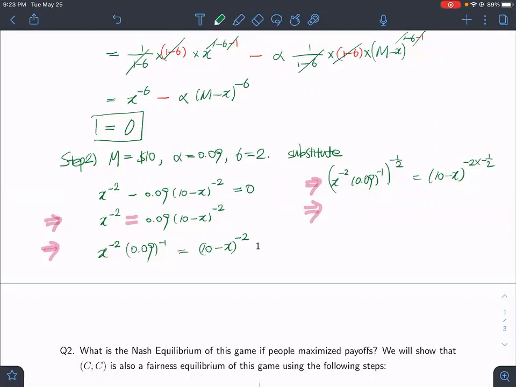I'm just trying to go really step by step. Okay, so here we have x, and then we have 0.09 square root equals to 10 minus x. So here, we can see why I put 0.09 here. If I take a square root of 0.09, then it's 0.3. So that was the only reason why I used that number.